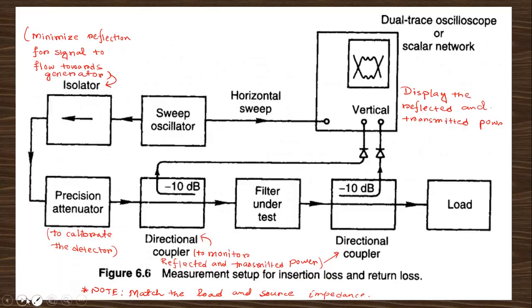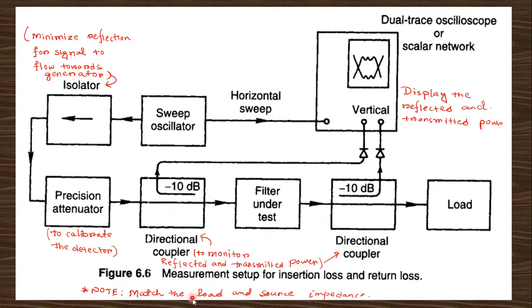If you want to find out insertion loss and return loss, think about the first thing, this isolator. It minimizes the reflection of the signal flowing back towards the generator. This portion calibrates the detector, and these two directional couplers, which we already discussed in the components, monitor the reflected and transmitted power.